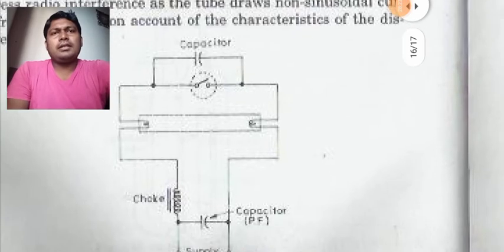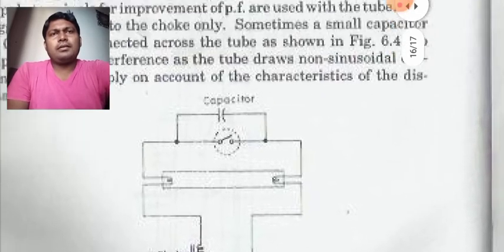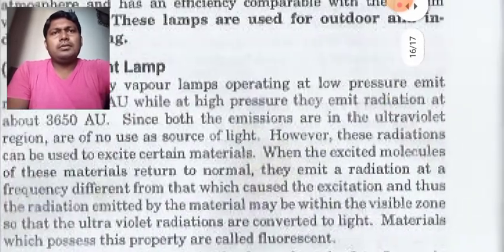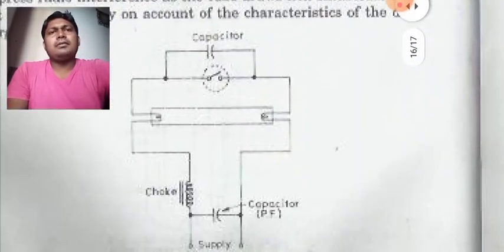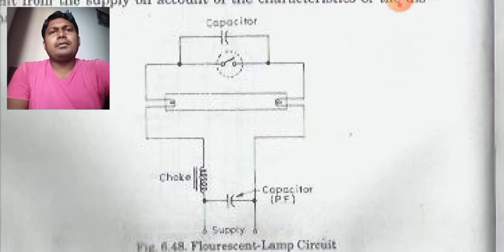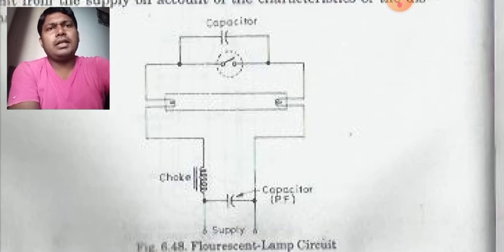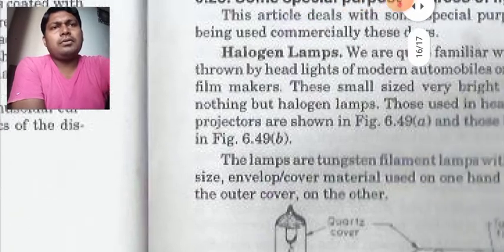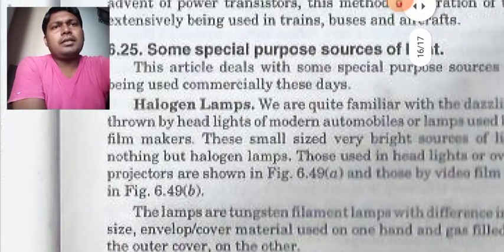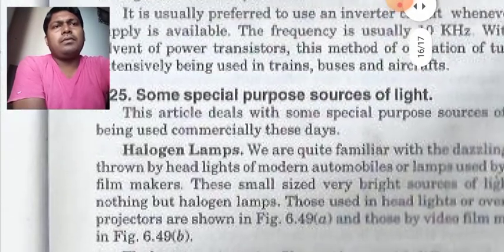The circuit diagram of this fluorescent tube, or fluorescent lamp, is as on the screen. This is the fluorescent lamp circuit, which we will discuss in our next class. We will also discuss some halogen lamps and some special purpose lights.